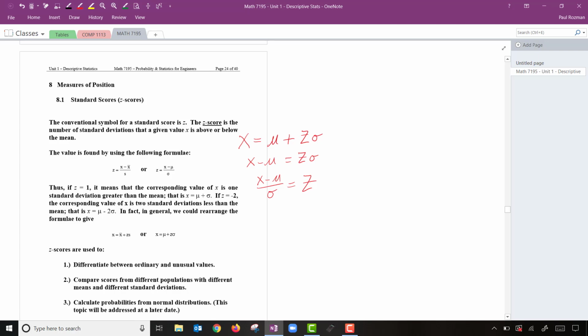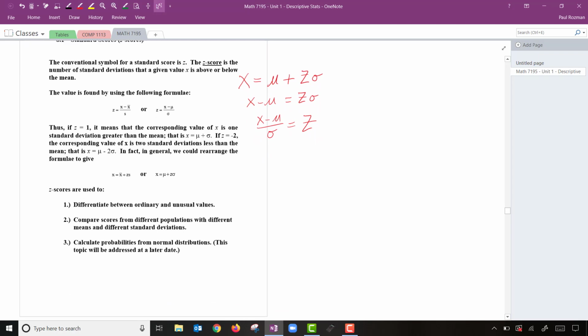As for our use of z-scores, first we will use them to differentiate between ordinary and unusual values. We could use them to differentiate scores from different populations that might have different units or different means and standard deviations, because the z-score is another one of those dimensionless statistics, kind of like the coefficient of variation. So it's good for comparison that way.